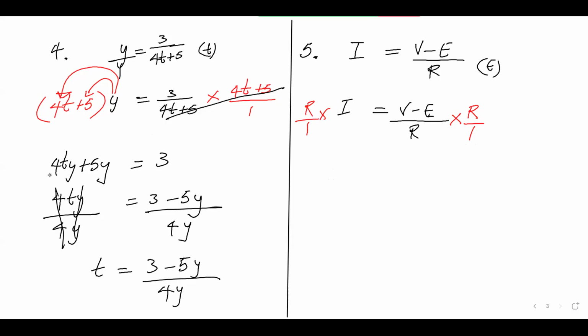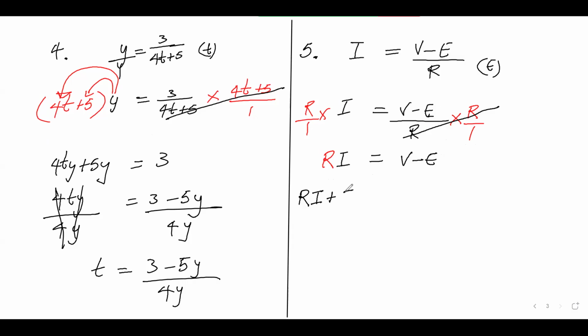So what am I left with? RI equals V minus E, as this will cancel. Now, remember we're finding for E. So take the E onto the other side, the E is negative.